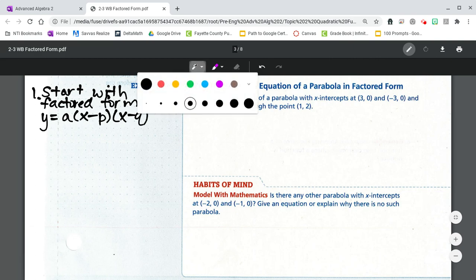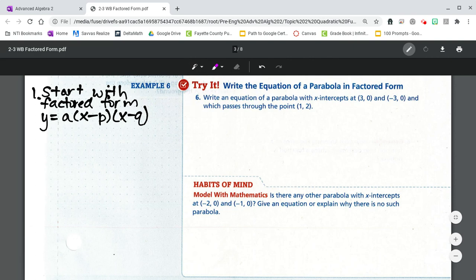Then let me write that in: y equals a, x minus p, x minus q. Okay, then number 2, substitute in the zeros or the x-intercepts for the p and the q.